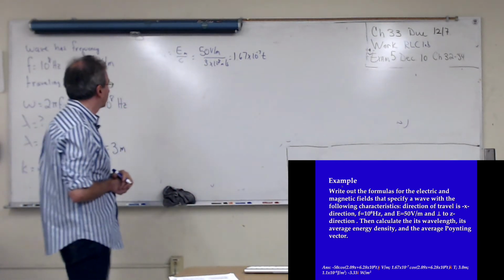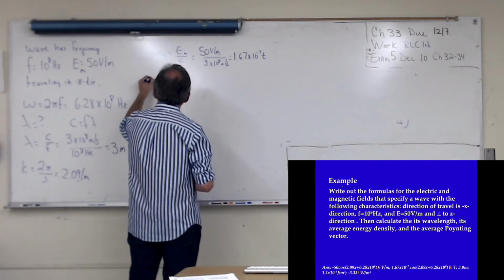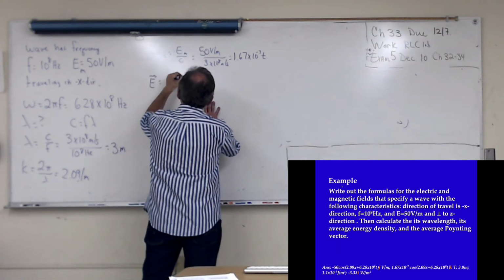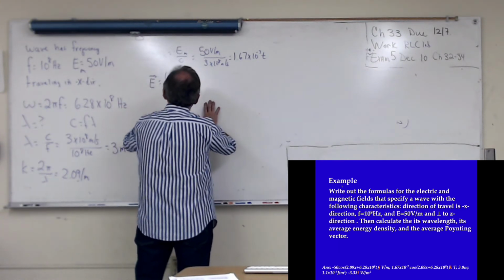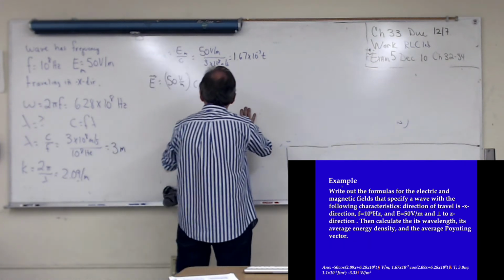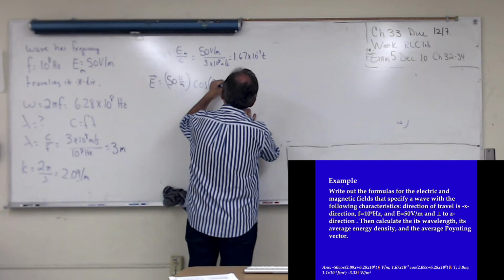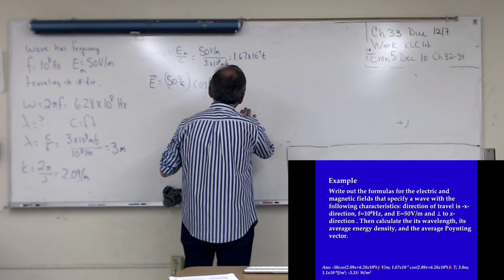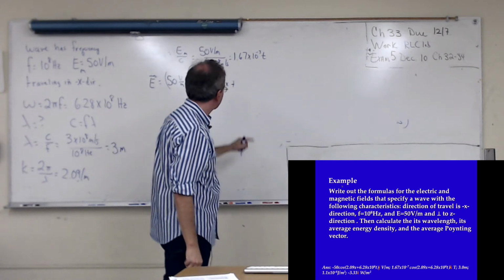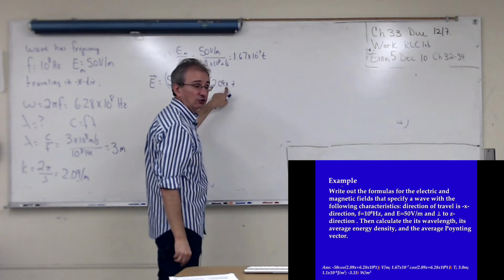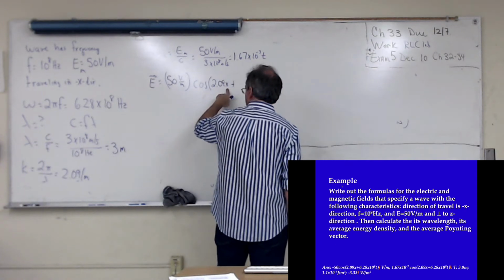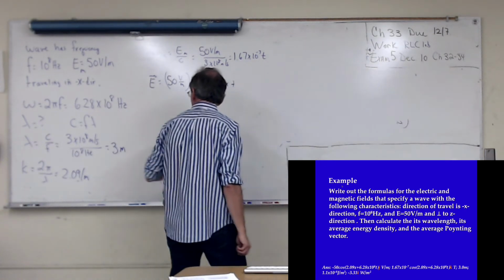So I can write the equation for the electric field. It's the magnitude times cosine of kx. And since it's traveling in a negative x direction, that's a plus. This has to be x because that's the direction of travel of the wave. Omega t. What's omega? It's 6.28 times 10 to the 8th.